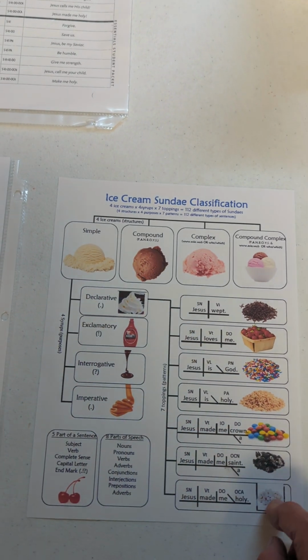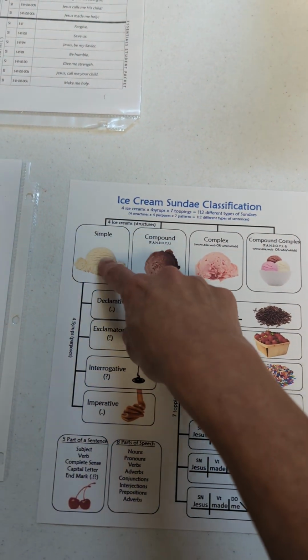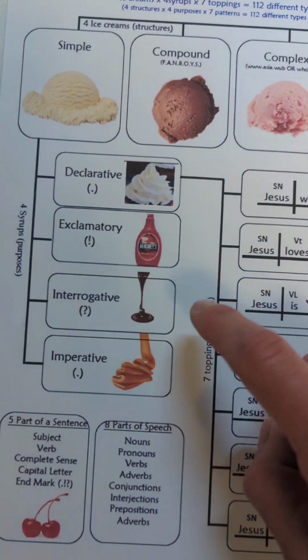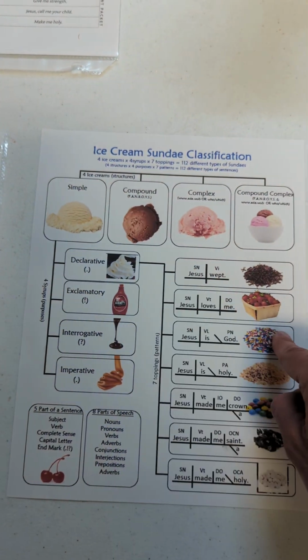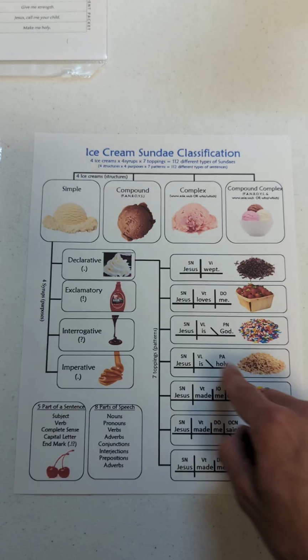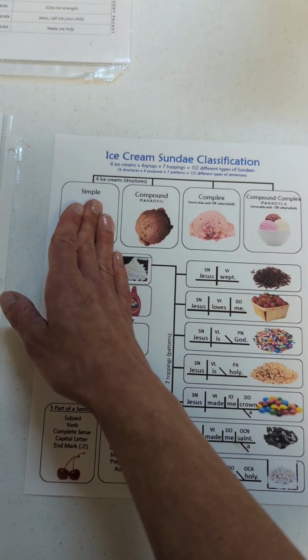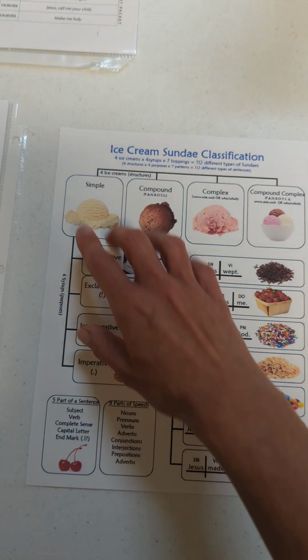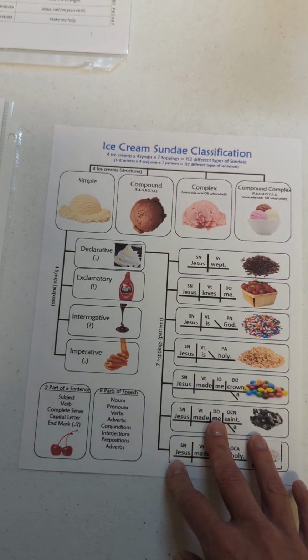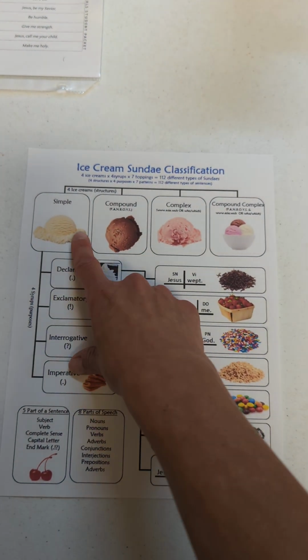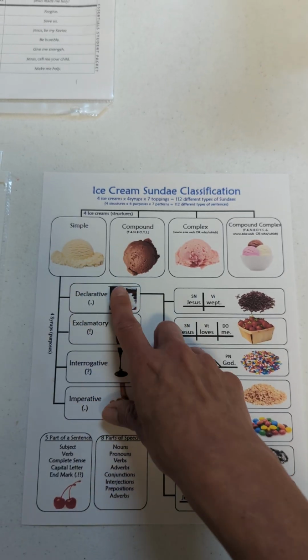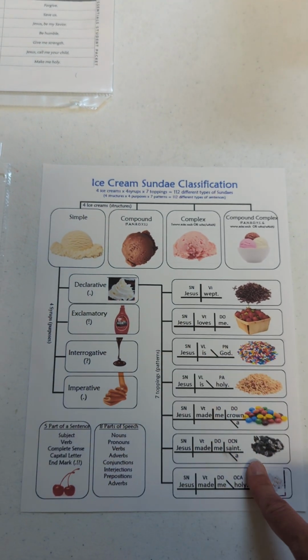Then you could move on to vanilla, strawberry syrup, and one of these. How many could you get with just vanilla ice cream? If you add it all up, you can make 28 combinations of just vanilla ice cream, one of these and one of these.